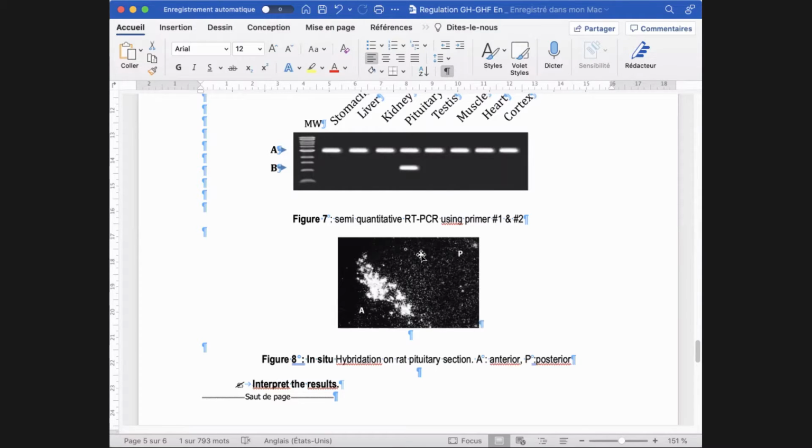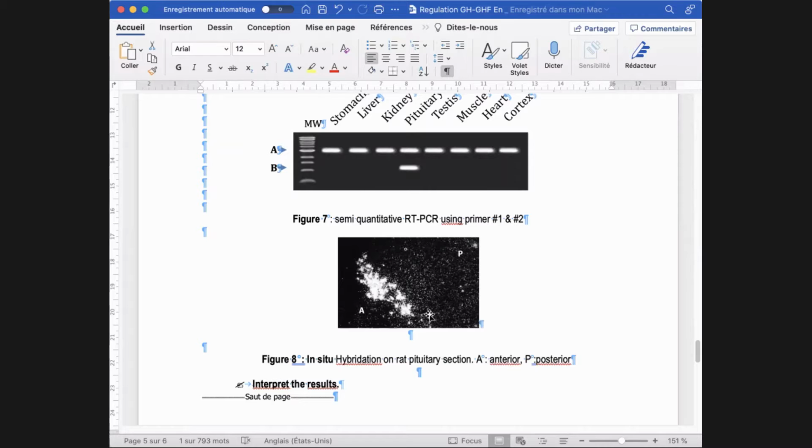Figure number 8 is the result of an in situ hybridization, and this is only the picture for the positive control, not the negative control. If you follow my mouse, this is the shape of the pituitary gland. There is an A on the left and a P on the right. A means anterior, so this is the front side of the gland, and P stands for posterior, which is the back of the gland, at the back of your body.